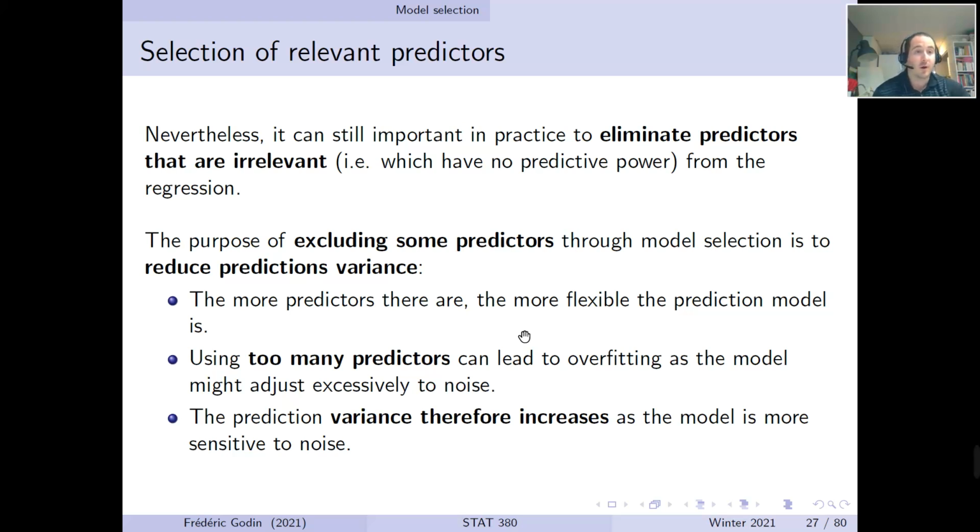Okay, so we don't want the model to be too flexible and incorporate too many predictors if some of them are either irrelevant or have very low relevance and just contribute more to generating noise than capturing genuine prediction patterns.